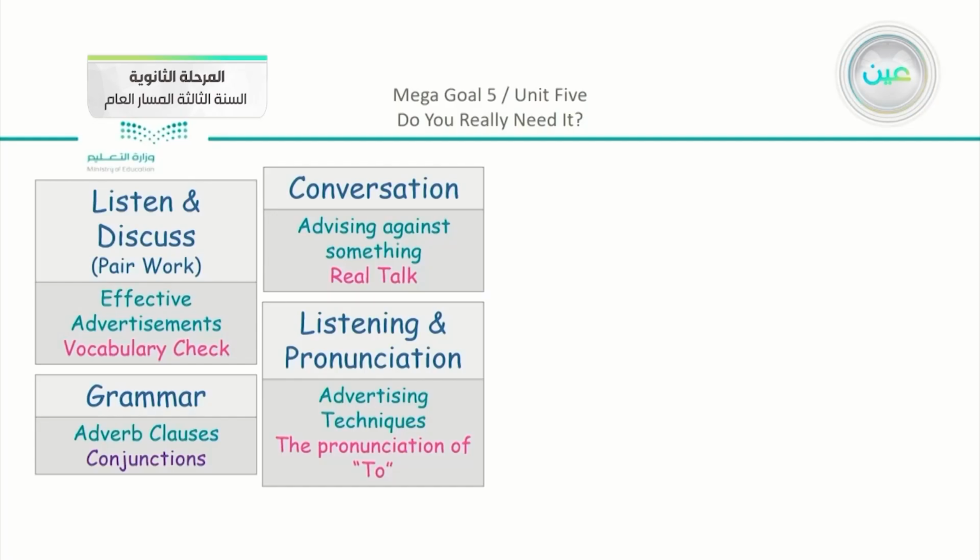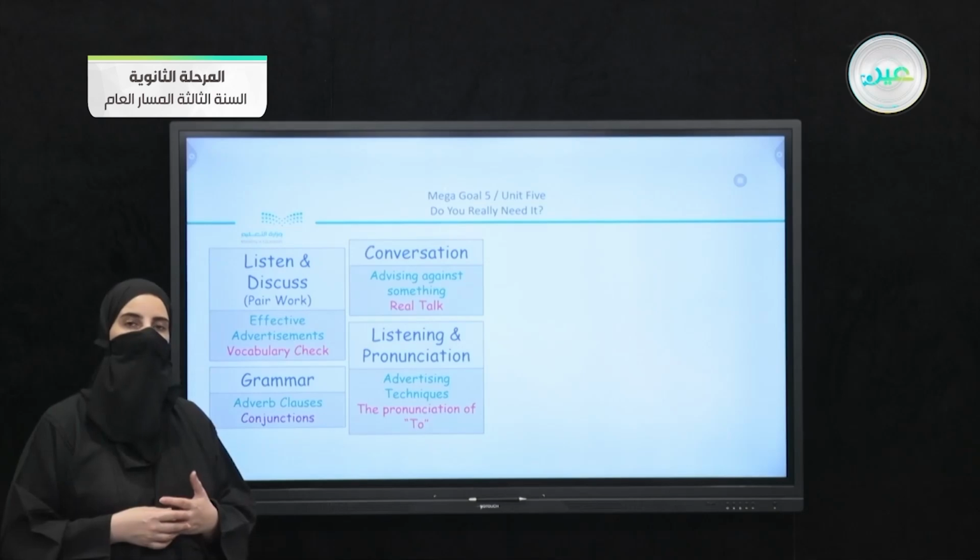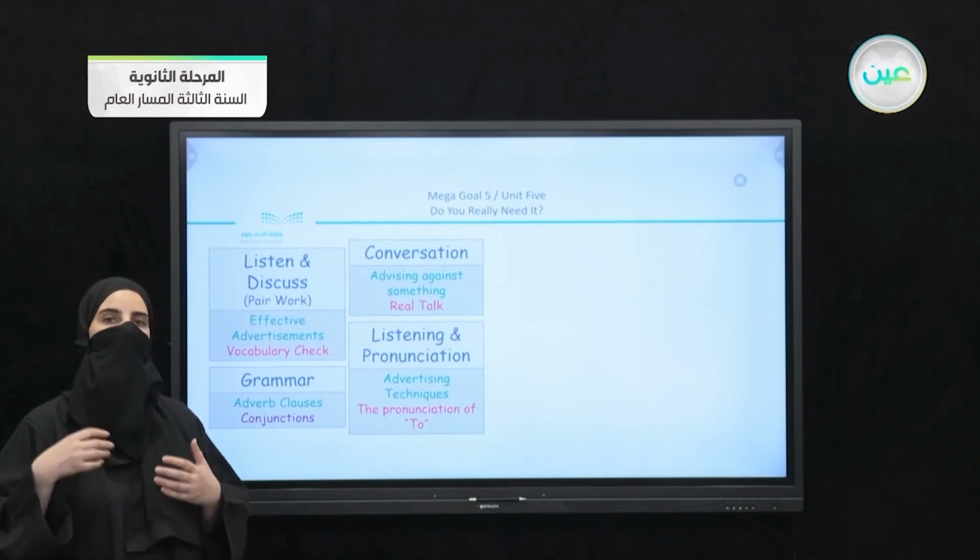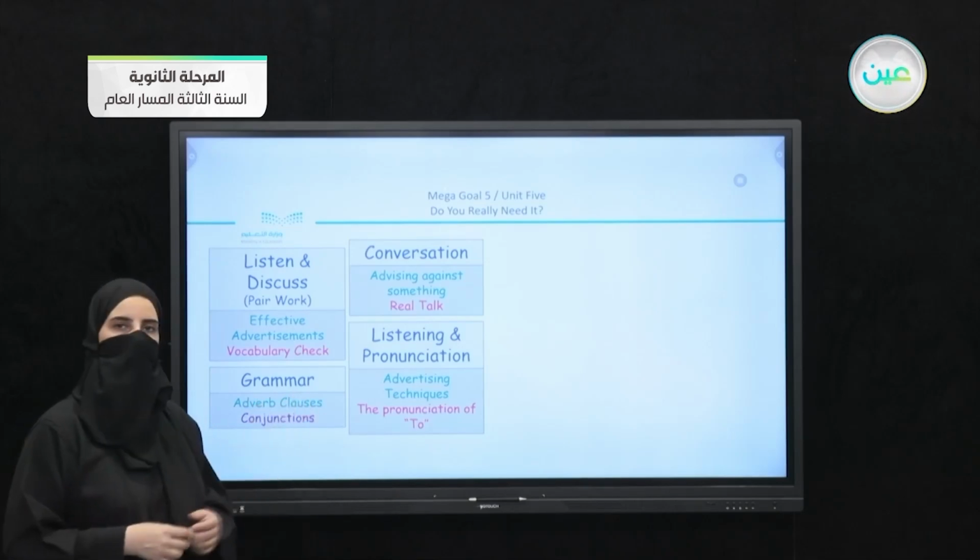After that, in our listening and pronunciation lesson, we listened to different advertising techniques and matched these techniques with the advertisements that we listened to. After that, in the pronunciation lesson, we learned different ways to pronounce the word "to".